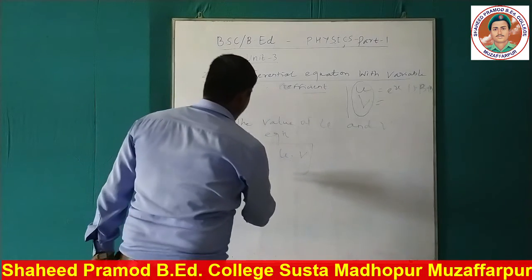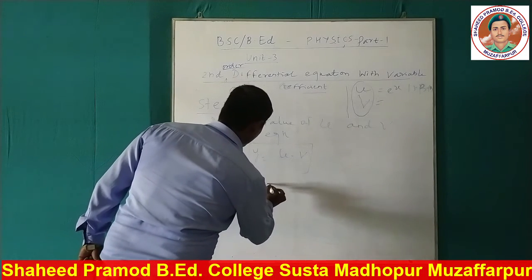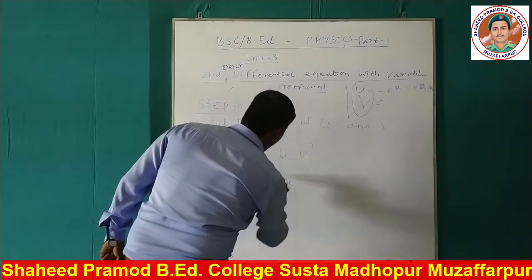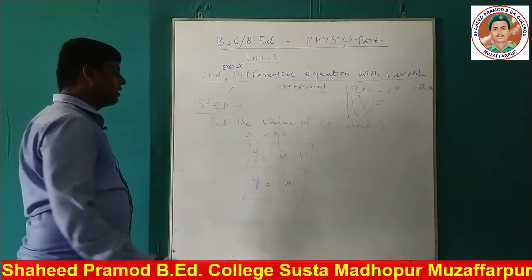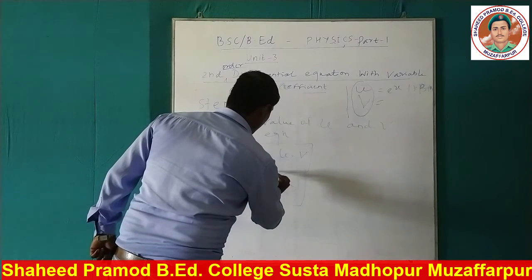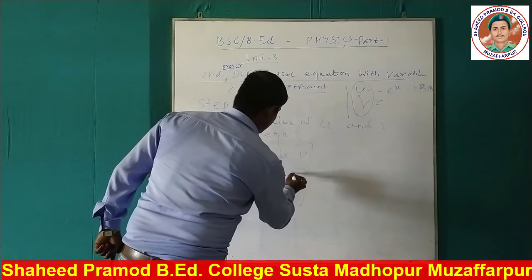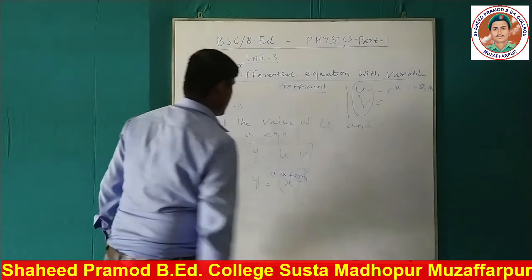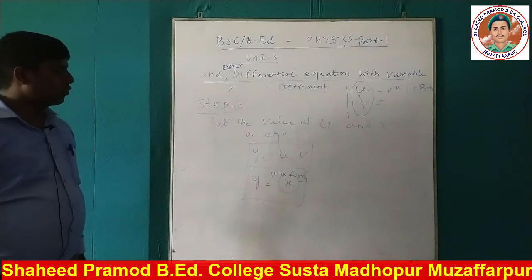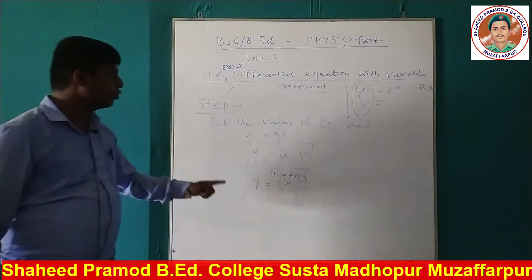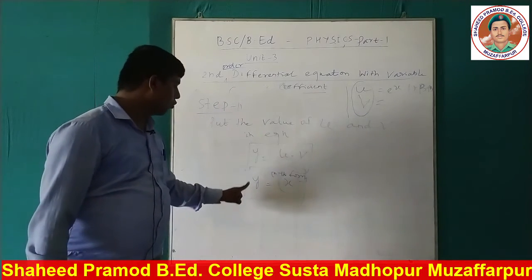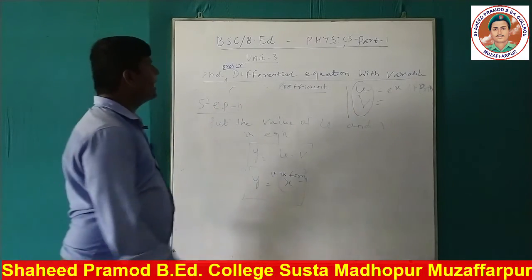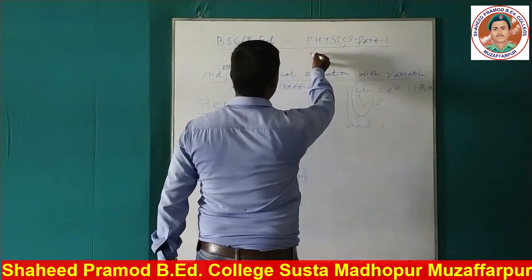So you will get the value of y in the function of x only, and that is the solution. So if you have to solve the differential equation, you have to calculate the value of y which is independent from differential parts.